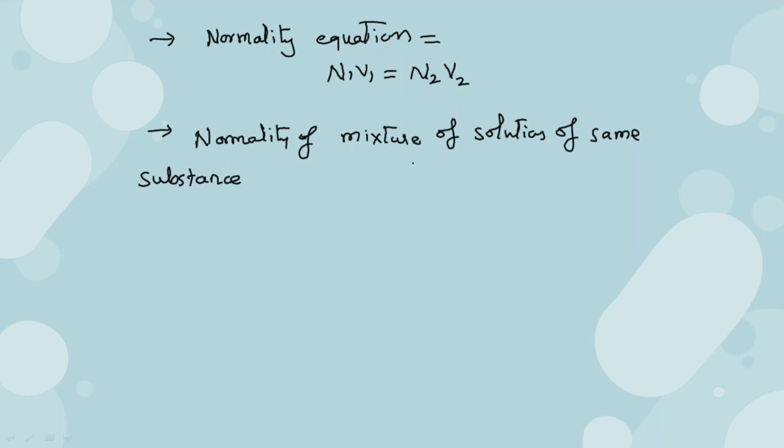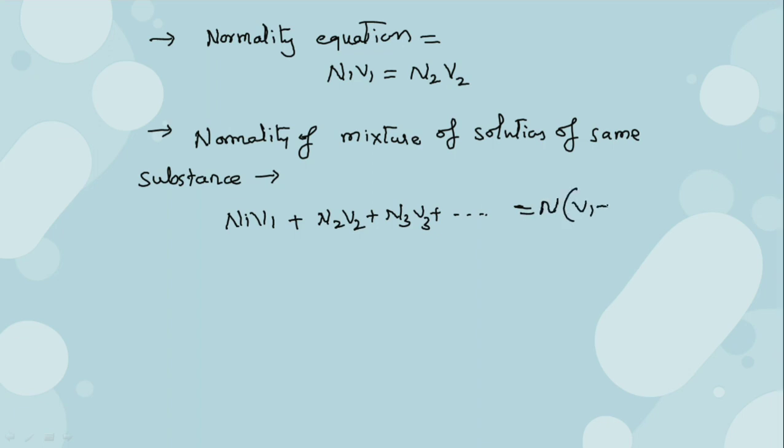Normality of mixture of solution of same substance can be given as, remember, N1V1, right, plus N2V2 plus N3V3 plus so on is equal to normality of the solution into V1 plus V2 plus V3 so on, like that. So this is about mixture, remember.